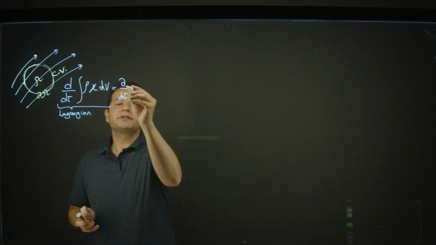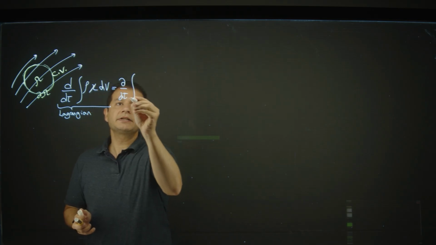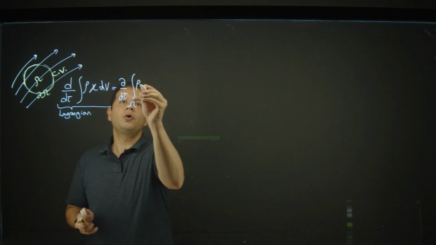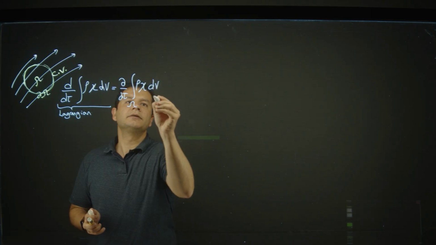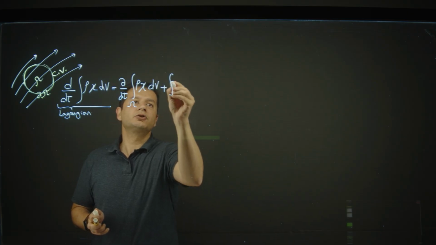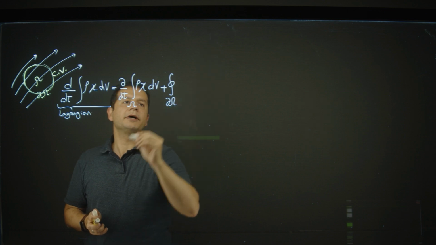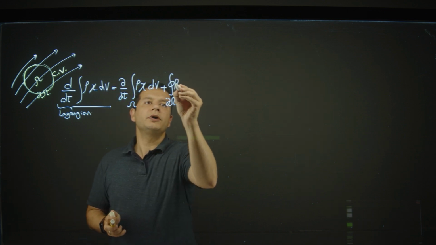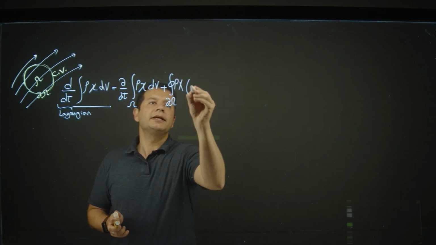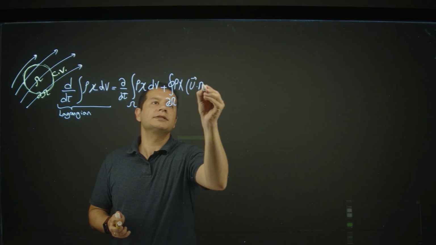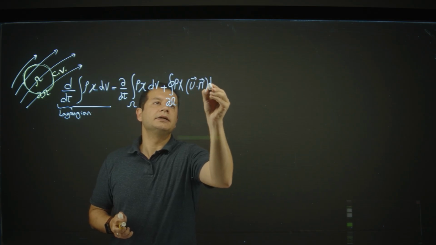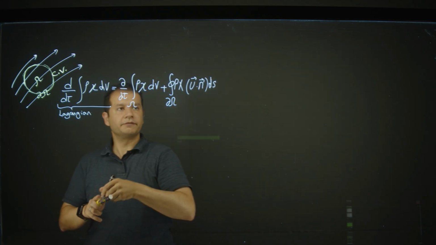So in the Eulerian system, it will be d/dt at a fixed location of rho X dV plus the flux across the boundary of my control volume of rho X, and then the flux, which is u dot n dS, the surface.